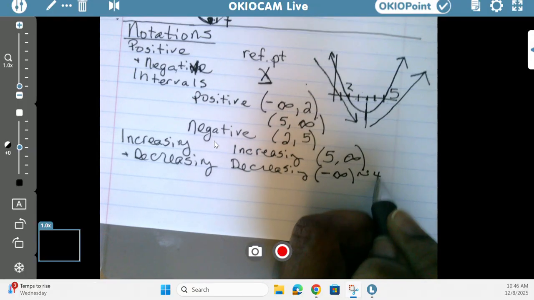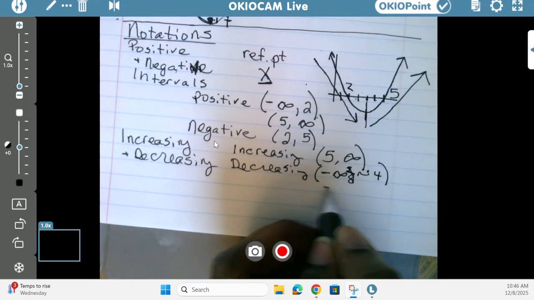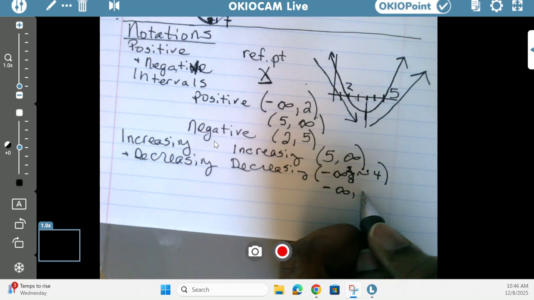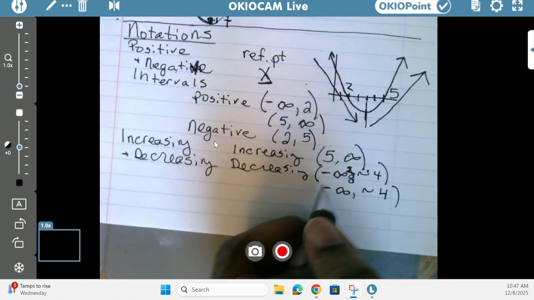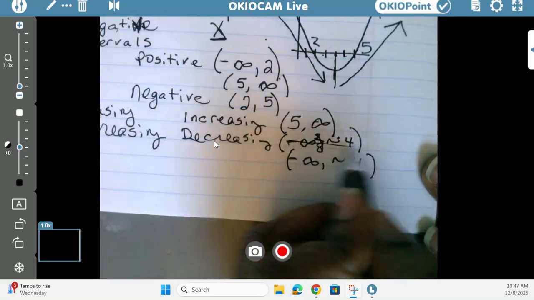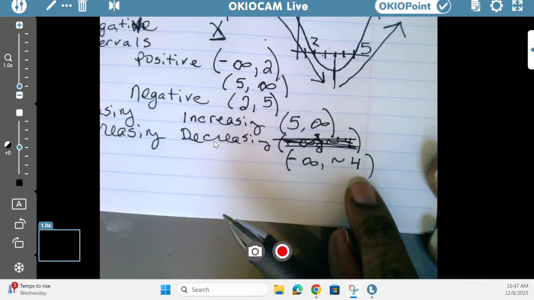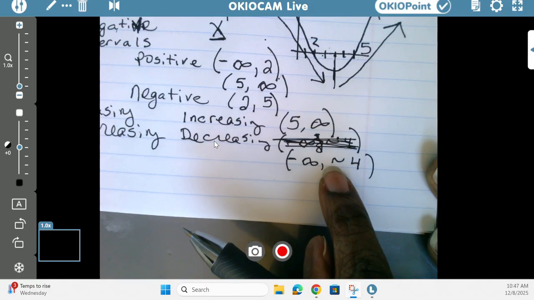We'll say approximately 4. Negative infinity to approximately 4. Let me zoom in. Erase this. Negative infinity to approximately 4 seconds. So squiggly for approximately.